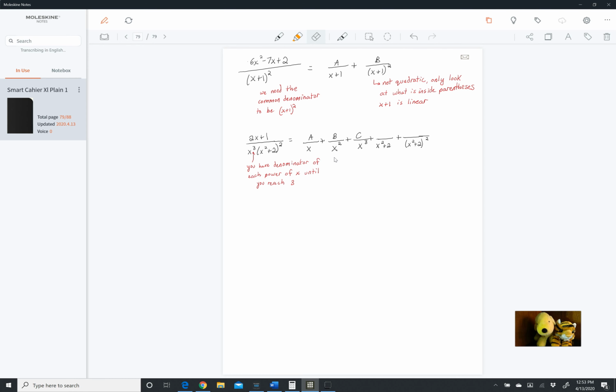So this you're adding 2, so this is going to be a dx plus e, and this is going to be an fx plus g. So here, this is still linear. You're not adding or subtracting anything from x squared.